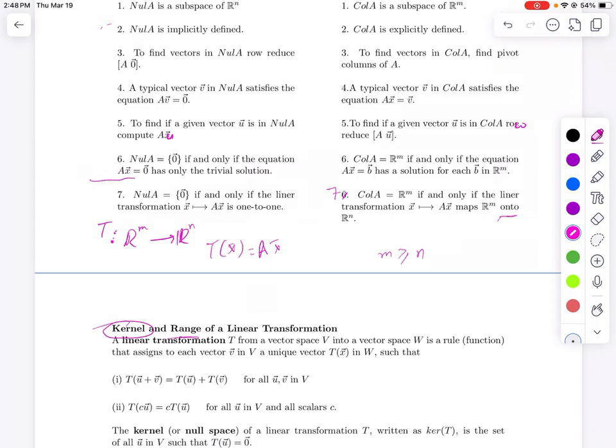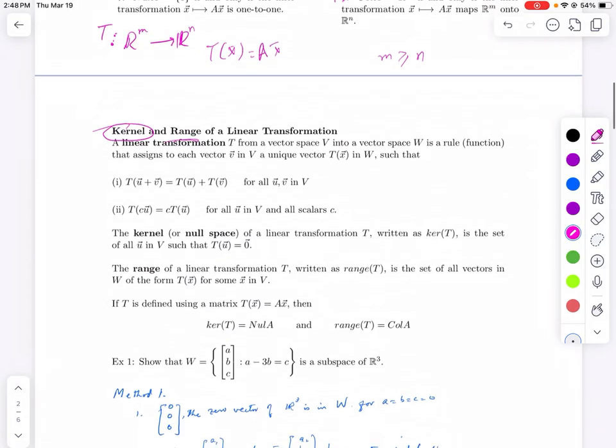A linear transformation T from a vector space V into a vector space W is a rule or a function that assigns to each vector u in the vector space V a unique vector T of u in W, such that T of u plus v is equal to T of u plus T of v, because remember, T is linear, and T of cu is equal to c times T of u.